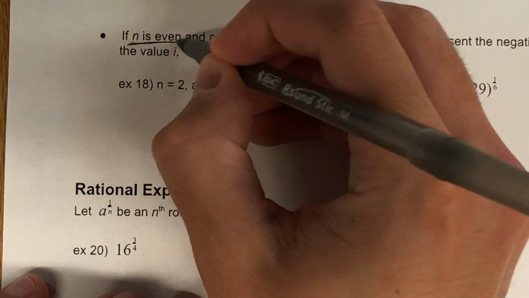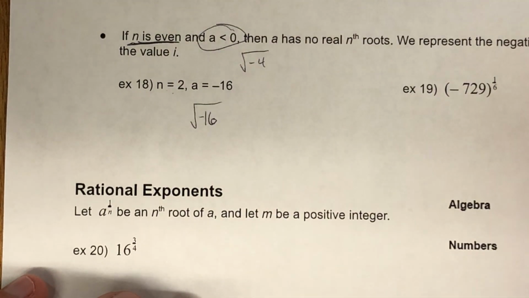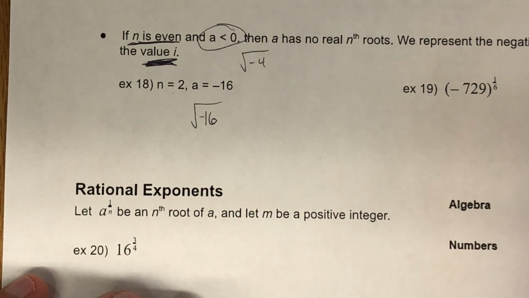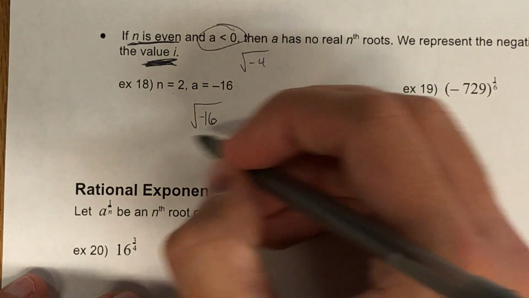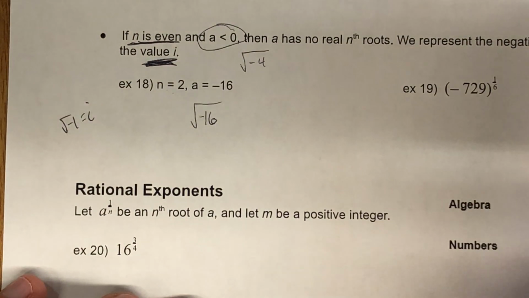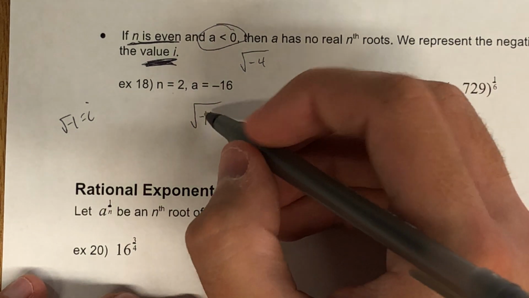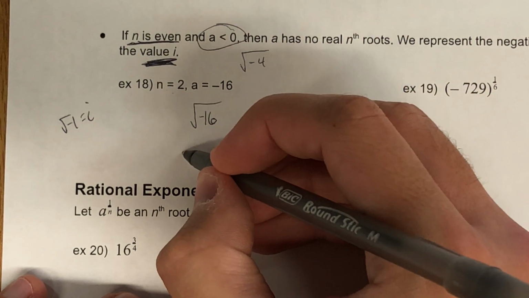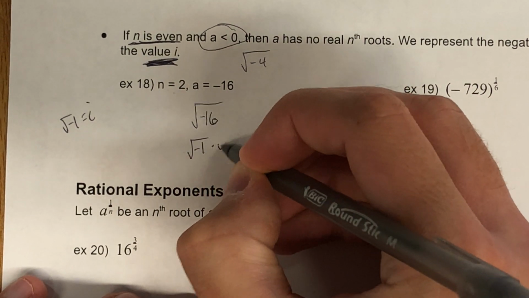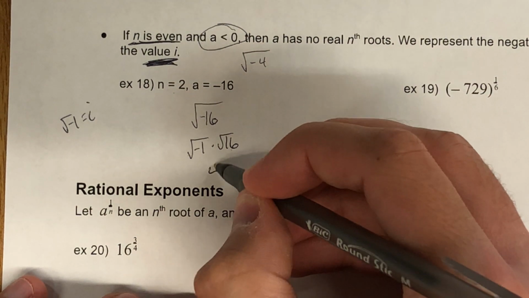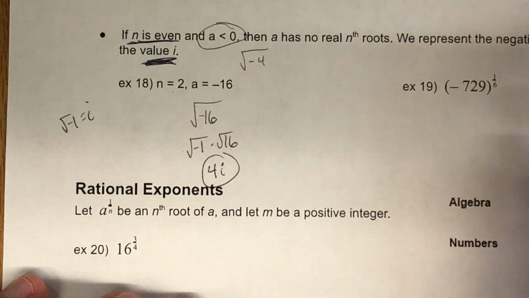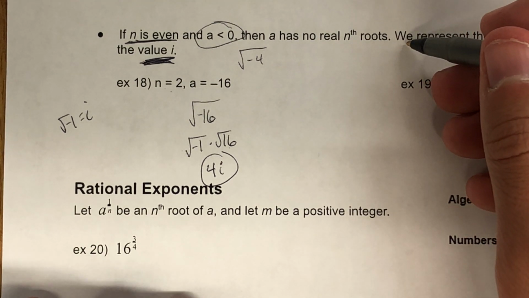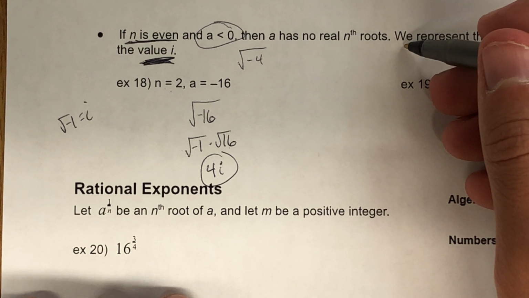Whenever your n value is even and your a value is negative, we have to use imaginary numbers, or i. Remember, in that case, the square root of negative 1 is equal to i. So here, what we would do is separate this into the square root of negative 1 times the square root of 16. The square root of 16 is 4, the square root of negative 1 is i. So we write that as 4i. So that's just something to remember for problems like that.